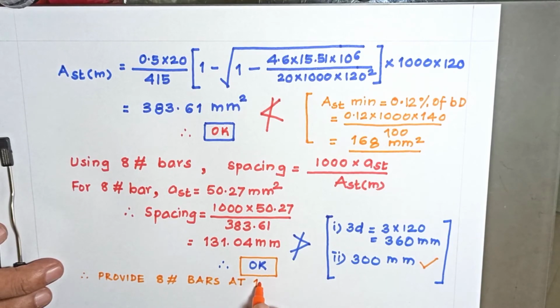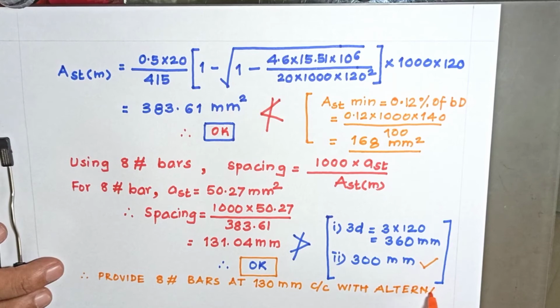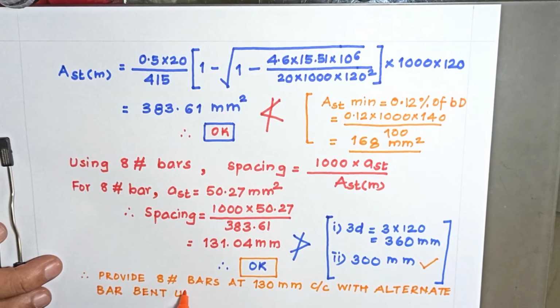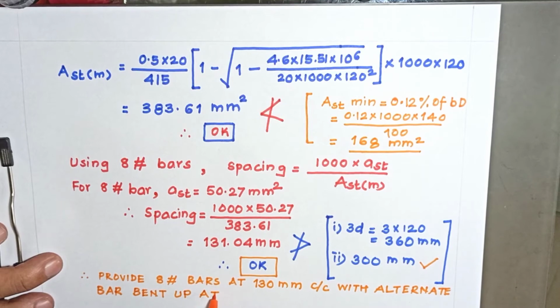I will round down to 130 mm center to center, with, this is important, alternate bars bent up at a distance of 0.1 Lx.